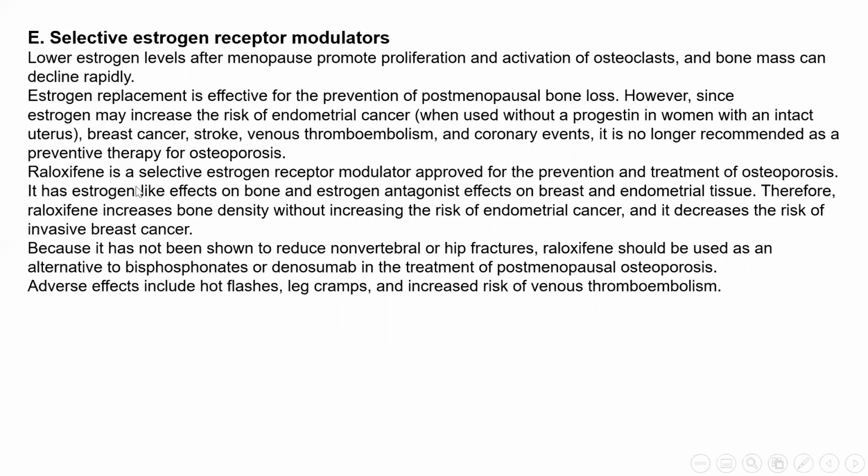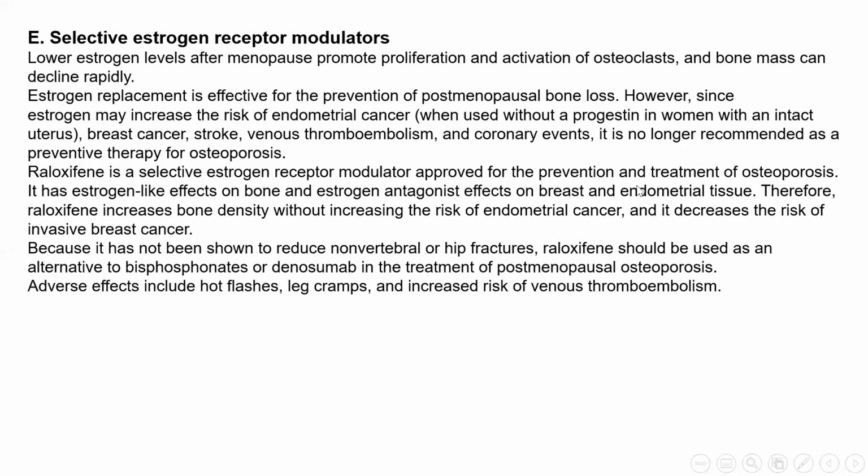Raloxifene is called a selective modulator. Selective modulators means that this drug is sometimes an agonist in certain tissues and other times an antagonist in other tissues. In our case, raloxifene is an estrogen receptor modulator.